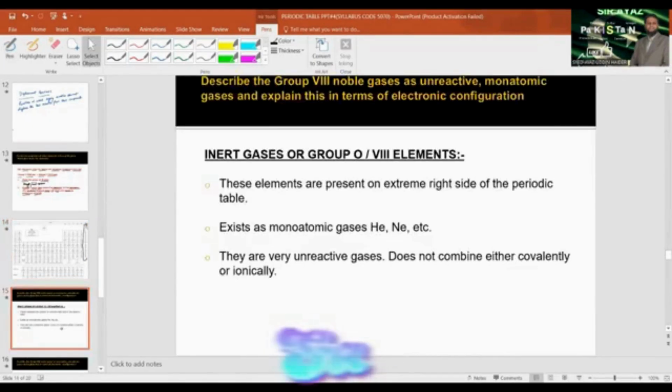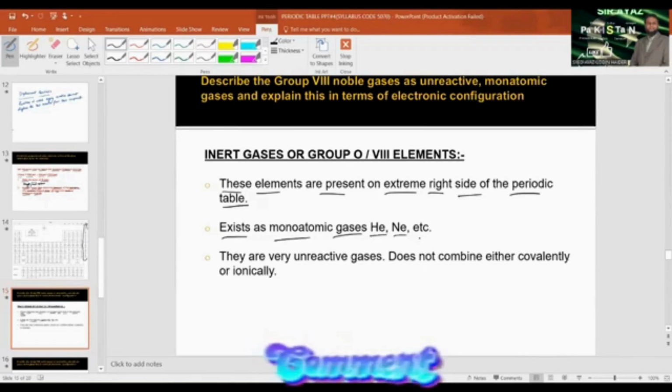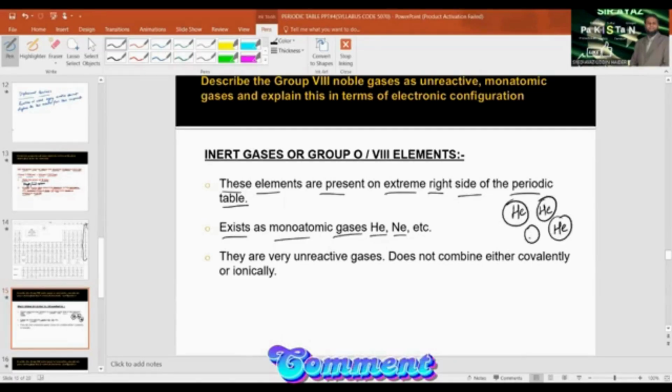These all are inert gases or group 0 or group 8 elements. These elements are present on the extreme right side of the periodic table. They exist as monatomic gases, He, Ne, etc. Monatomic gases means if you have a cylinder of helium, you have atoms of helium, not molecules. You have only atoms of helium.